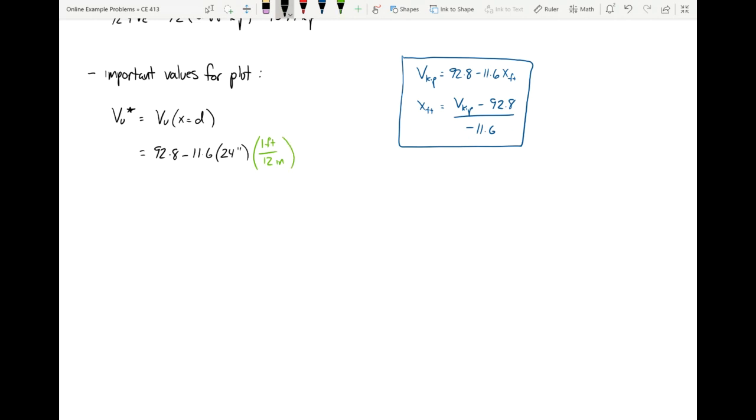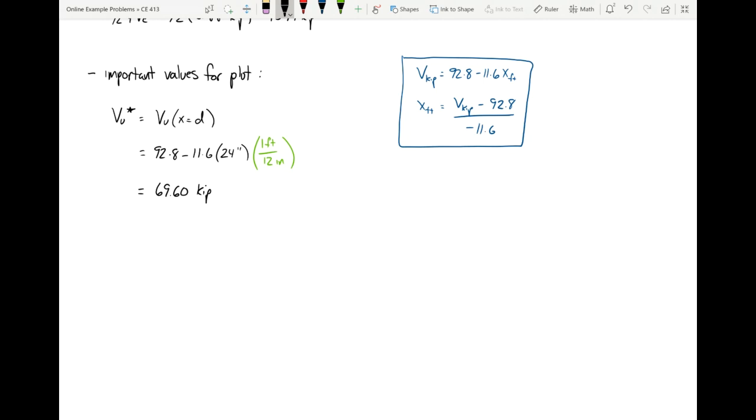I need to remember to do that whenever I'm plotting these out, making sure I'm plugging my x values in feet and my shears in kips. So plug and chug, 92.8 minus 11.6 times 24 over 12 comes out to 69.60 kips. Okay, so that's our first value.